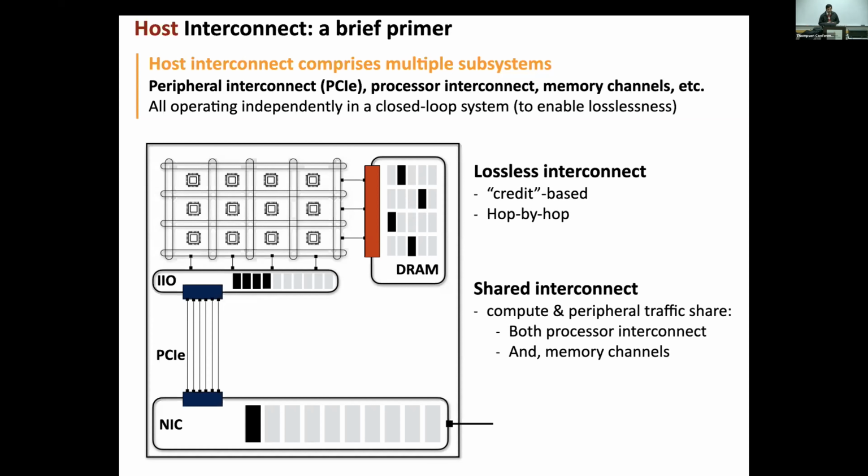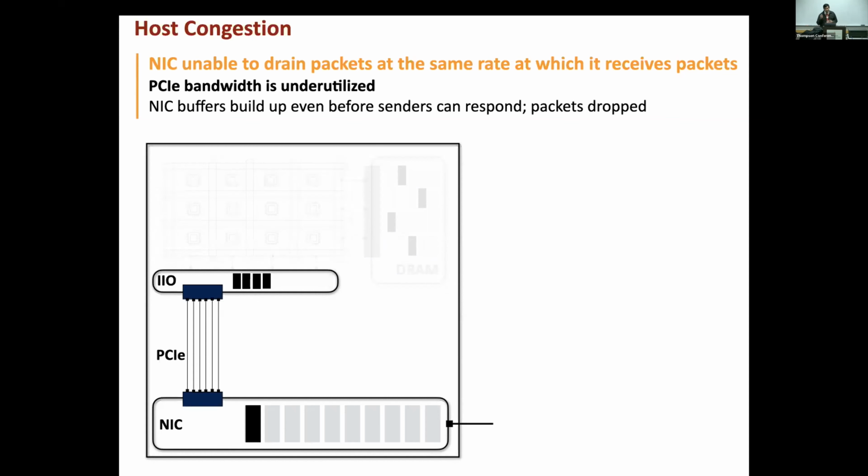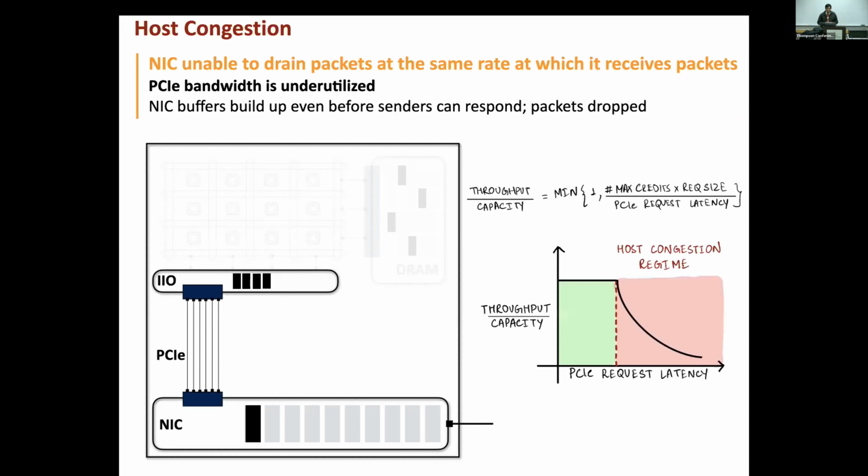Now we have a better understanding of the host interconnect architecture. Let's understand the host congestion problem. Normally, your NIC receives packets at, say, line rate, and your interconnect is fast enough to drain them promptly. But what happens in host congestion scenarios is that your PCI bandwidth starts to get underutilized for some reason. Intuitively, the formula for any lossless interconnect utilization is given here.